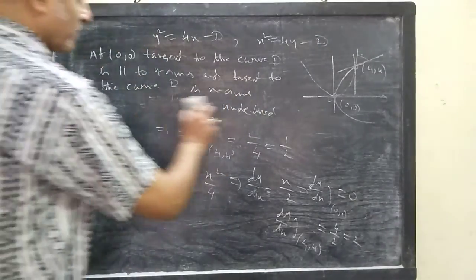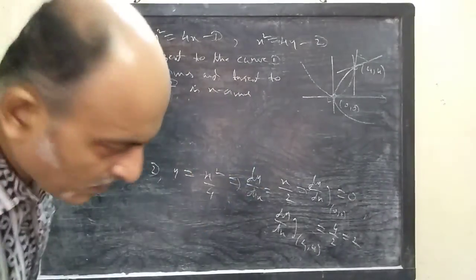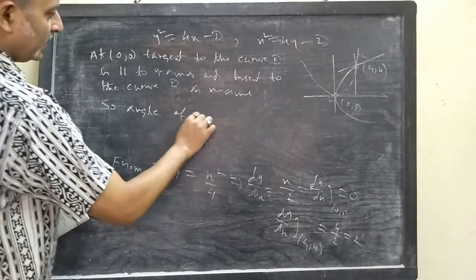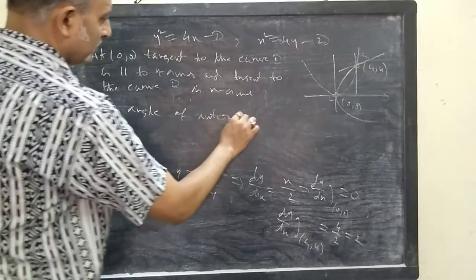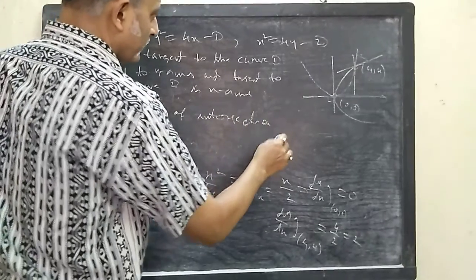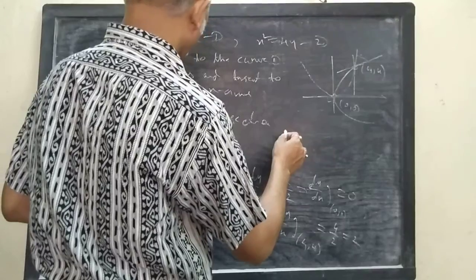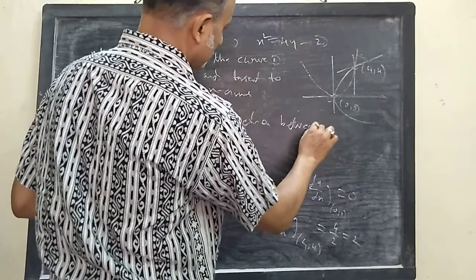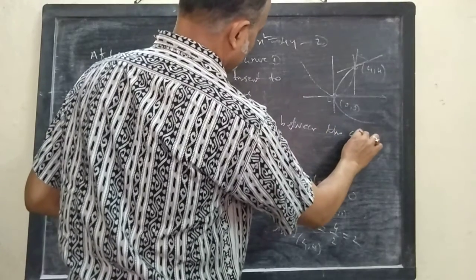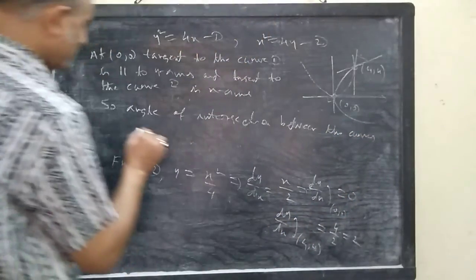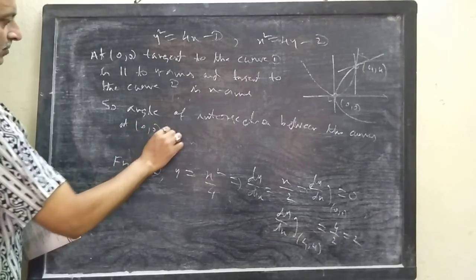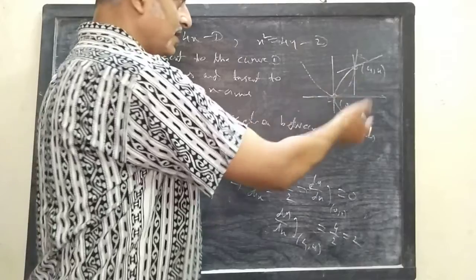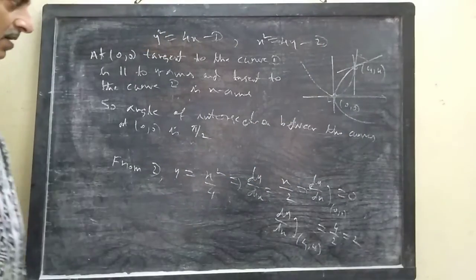So the angle of intersection between the curves at 0, 0 is pi by 2. This is obvious. One tangent is the x-axis, another tangent is the y-axis. So the angle between them is pi by 2.